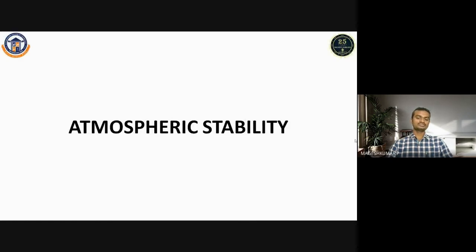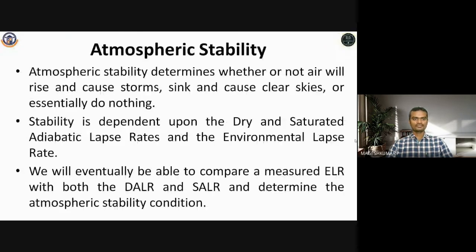And atmospheric stability is measured based on the lapse rates. Atmospheric stability determines whether or not air will rise and cause storms, sink and cause clear skies, or essentially do nothing. The stability is dependent upon the dry and saturated adiabatic lapse rates and the environmental lapse rate.